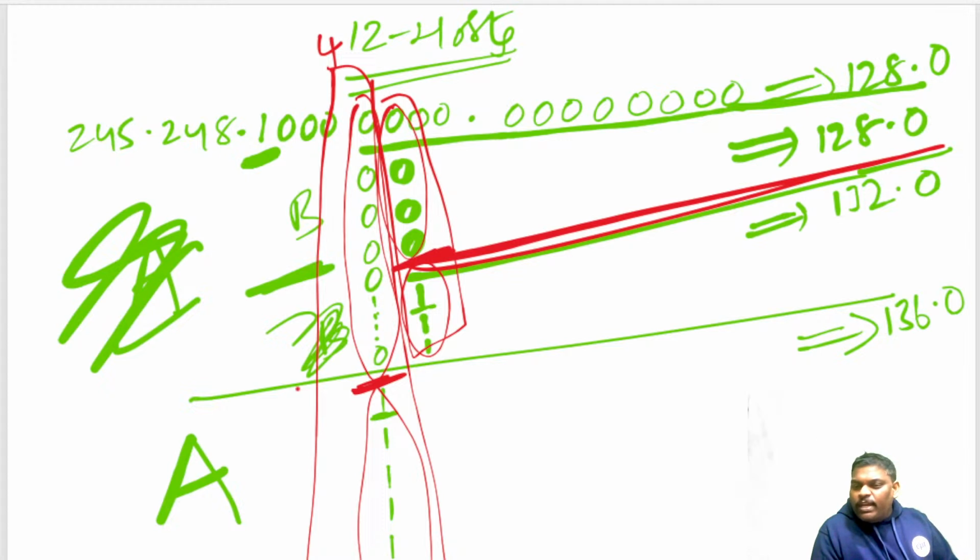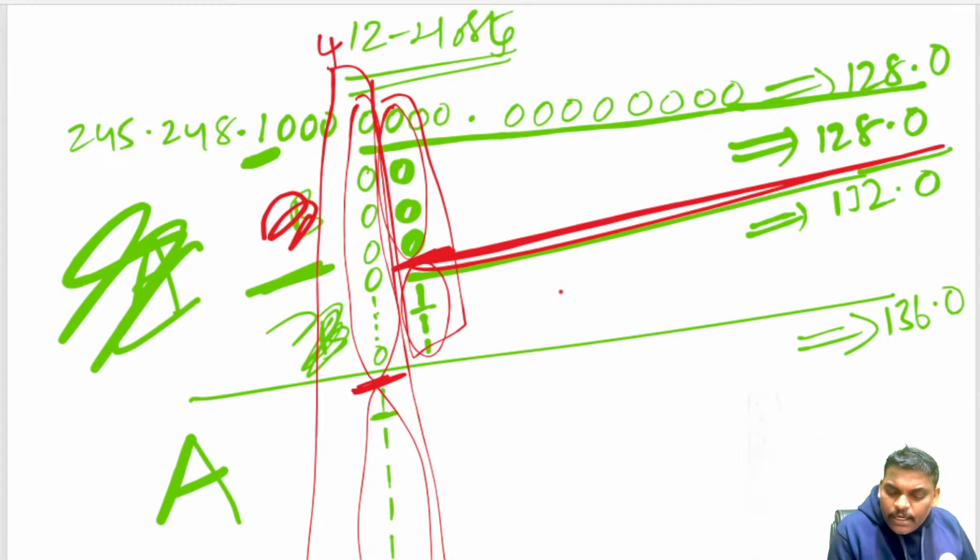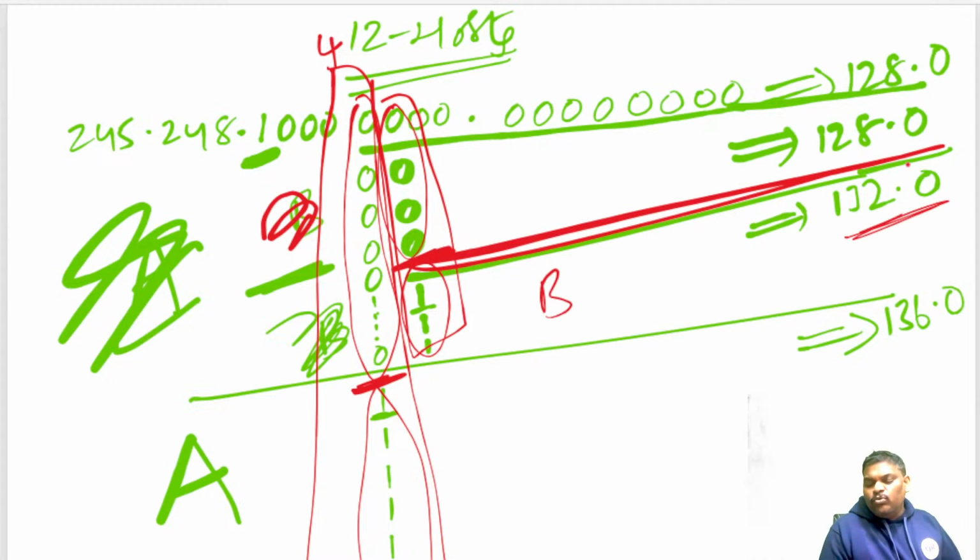Someone is asking, can we have first quarter, then half in the second quarter? You can arrange whatever it is according to the options. You can take B purpose, you can take this also. Then B should be 132.0. B can be this also, 132.0.